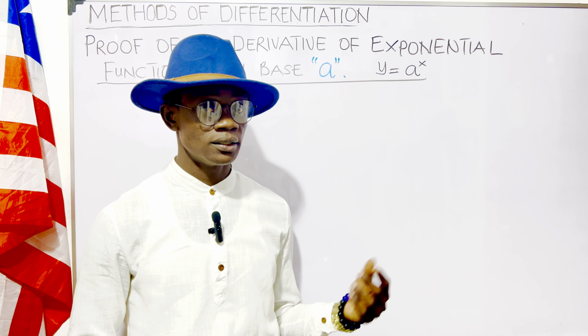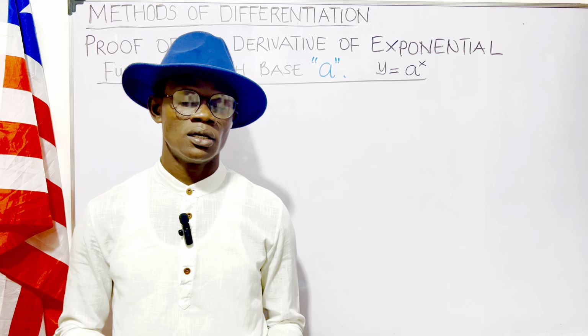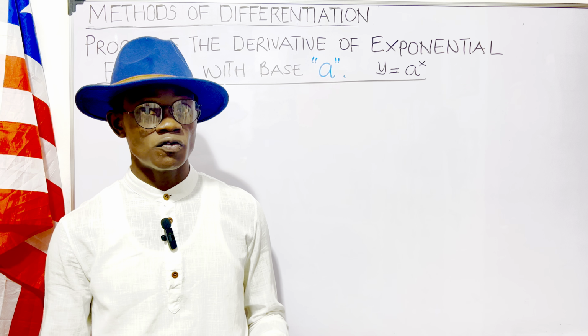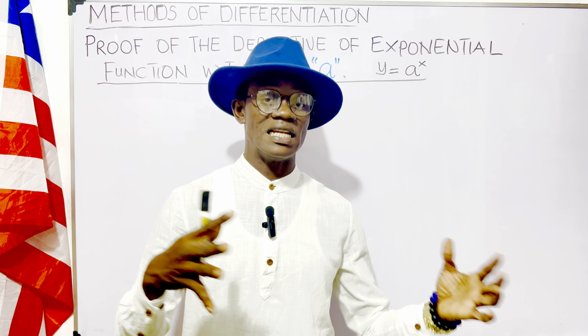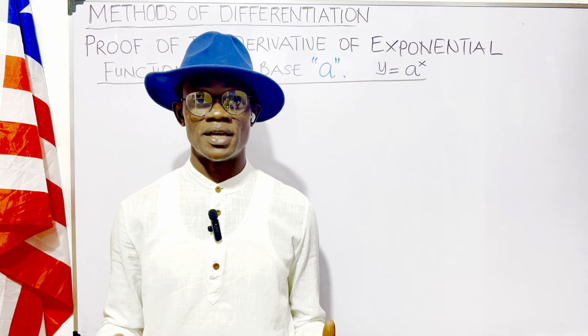In today's lesson, which is a continuation of our previous lesson, we want to look at the proof of the derivative of the exponential function with base a. In the previous lesson, we did the proof of the derivative of the natural exponential function, that is the exponential function with base e.